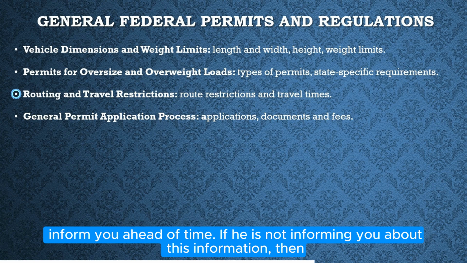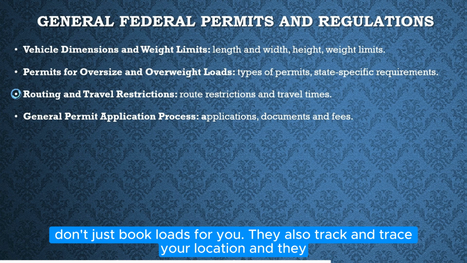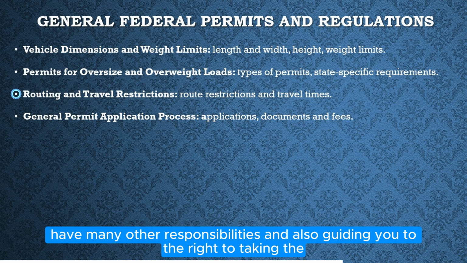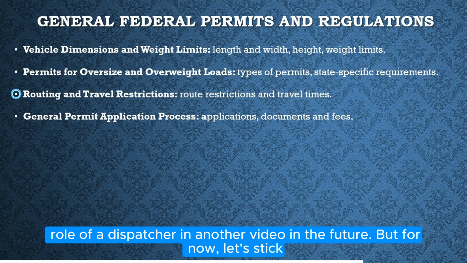If he is not informing you about this information, then please go ahead and fire him, because this is his responsibility. Why? Dispatchers don't just book loads for you, they also track and trace your location, and they have many other responsibilities. And also guiding you to taking the right route, it's another one of his responsibilities. I'll explain more about the role of a dispatcher in another video in the future. But for now, let's stick with these points.